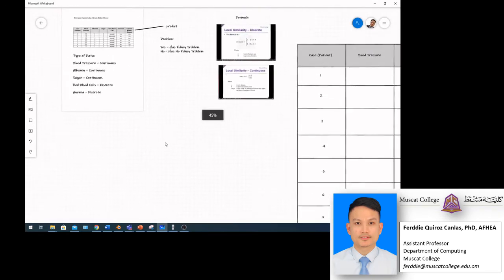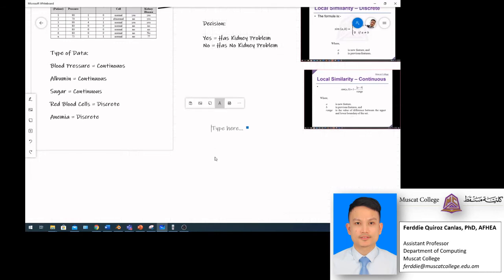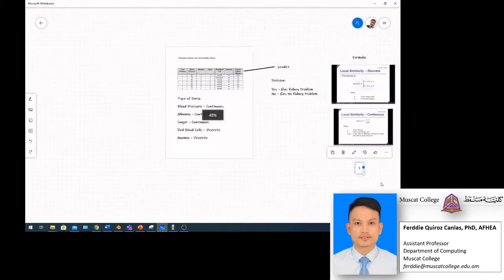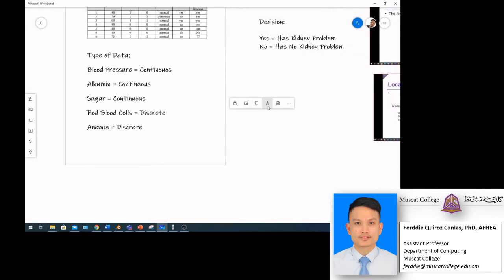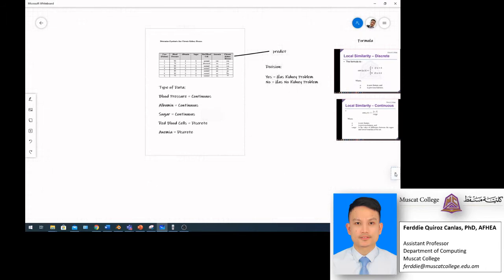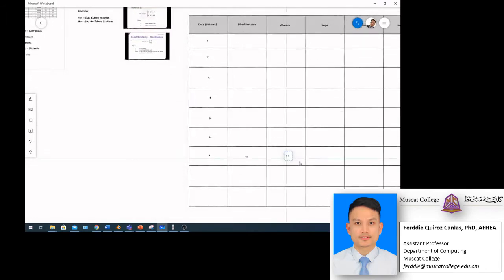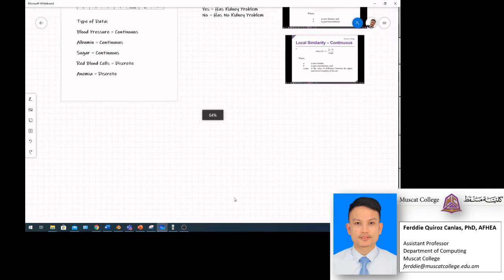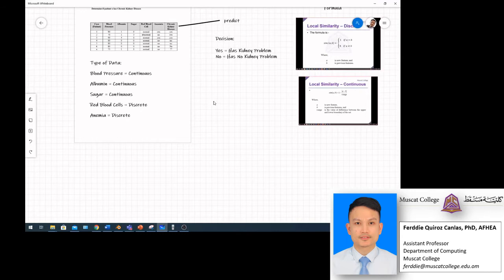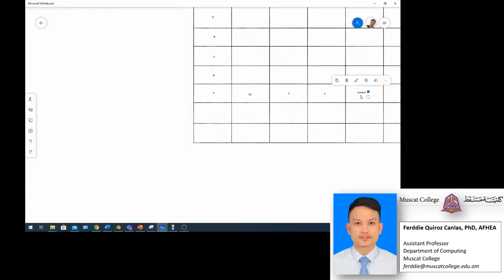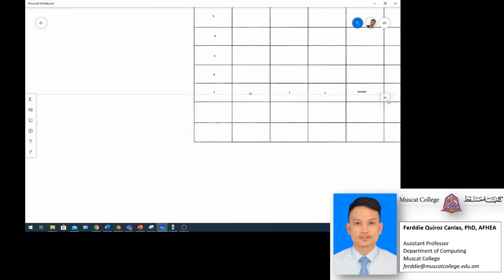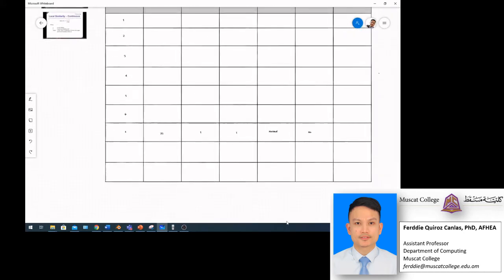And the other one is 1, 1, another one is series 1, and the other one is normal and no.